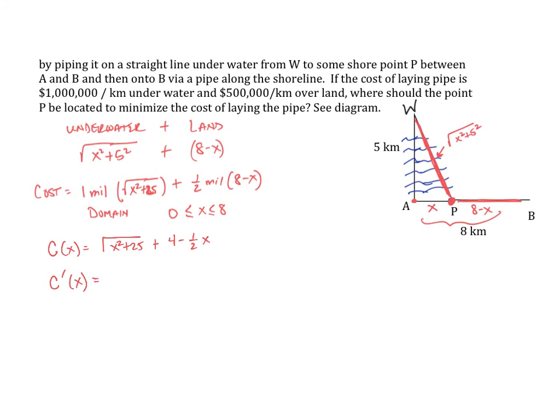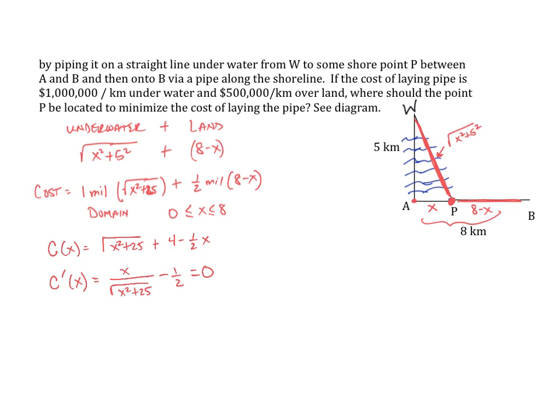So the derivative of this will be 1/2 times x squared plus 25 times 2x, right? And since it's 1/2 over 2x, I'm going to clean this up for you guys. If you need to pause this and verify it, go ahead and pause and verify, because it'll be to the negative 1/2 power. Then the 4 will go away, and this will be minus 1/2. And that equals 0 because I need to find my critical points.